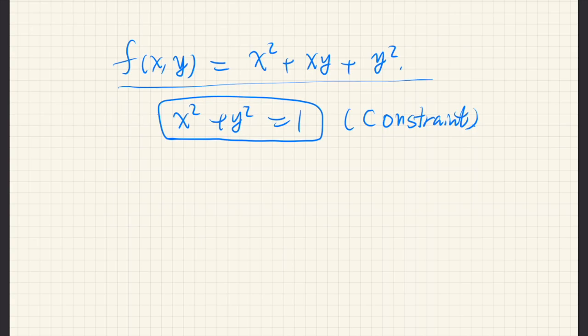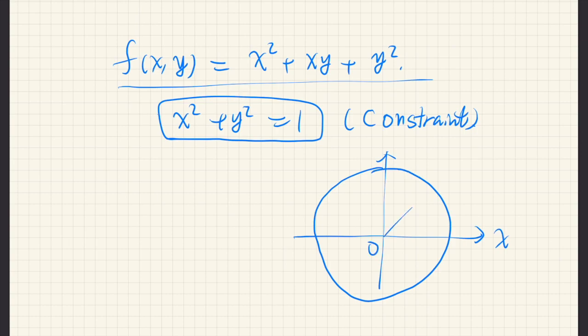So x squared plus y squared equal to 1 means x and y are on this unit circle. So the radius is 1 and the center is at the origin. So while x and y move on this circle, what is the maximum or minimum value of this function? That's the question.